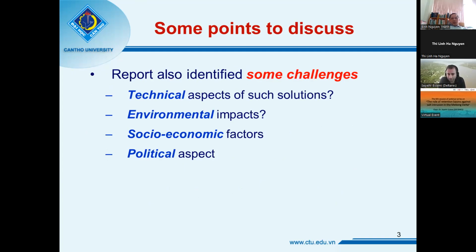And you also report some challenges. The key thing is the technical aspect of such a solution. The environmental impact, you just mentioned, the socioeconomic factor, and the political aspect should also be considered in water retention.